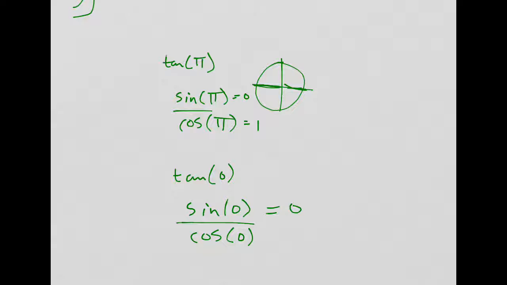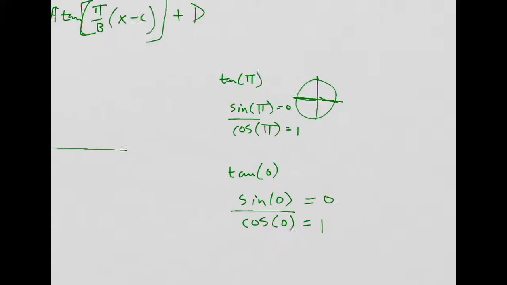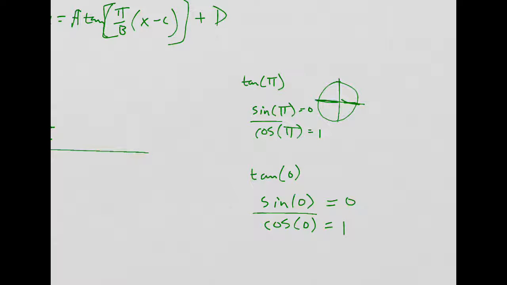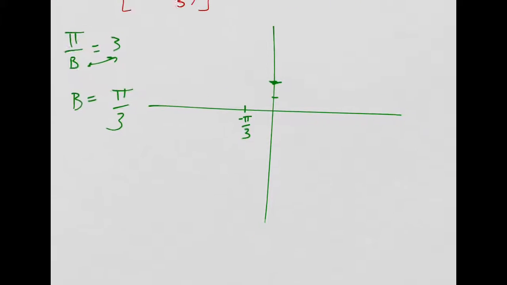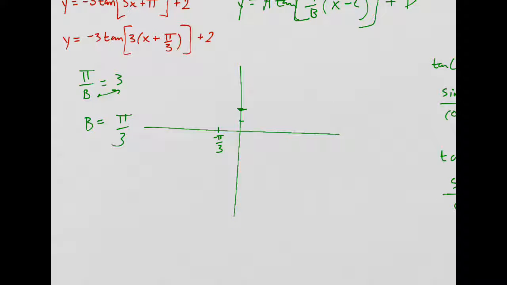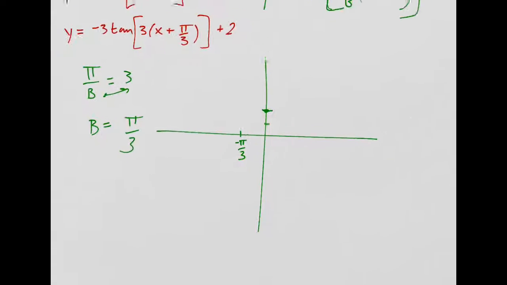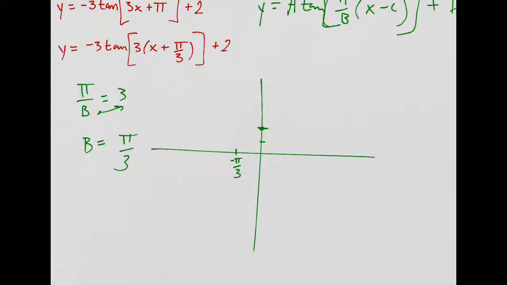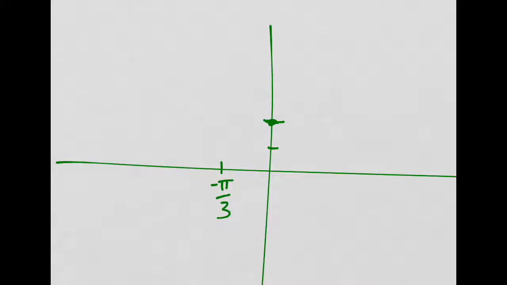Cosine of 0 is 1, positive 1, yes, okay. So that means I get 0 again. So when I plug in negative pi over 3, I get back to, well, this evaluated to 0, times the -3 is still 0, and then plus 2. I get back to this.